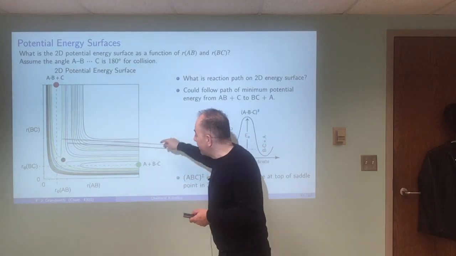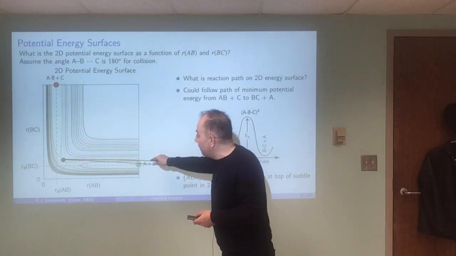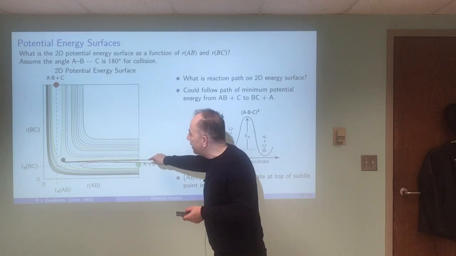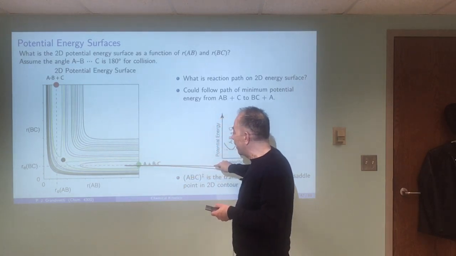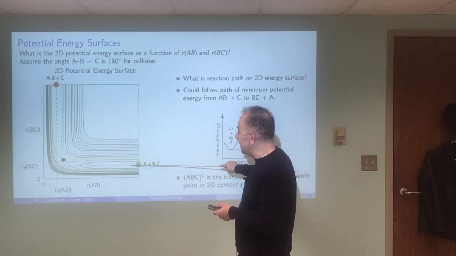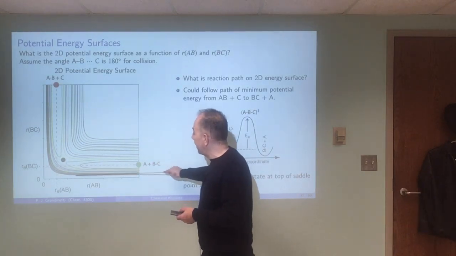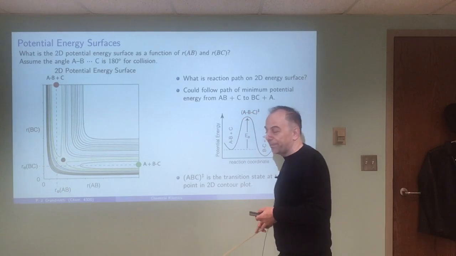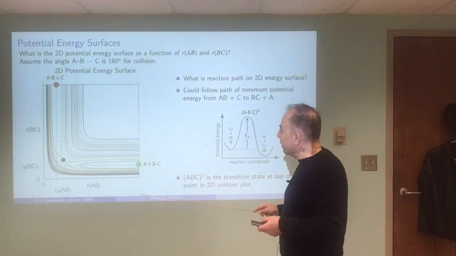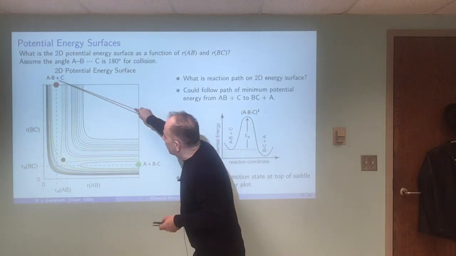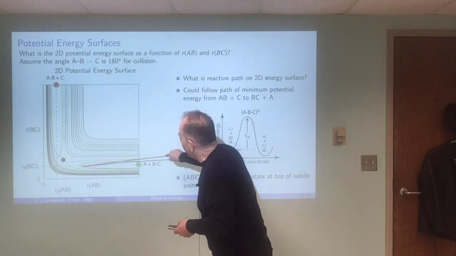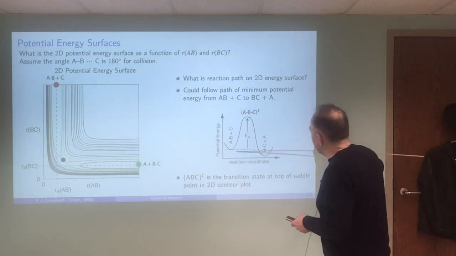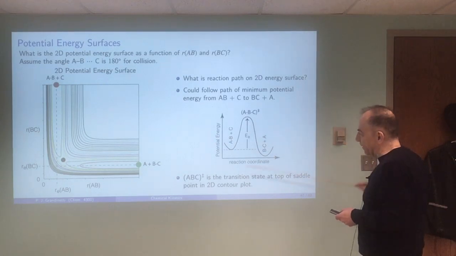Then the A atom will detach, and we will fall into this new minimum where B and C are at their equilibrium length and A is further away. So if I took a line and drew it along through that saddle point this way, it would give me this curve right here.